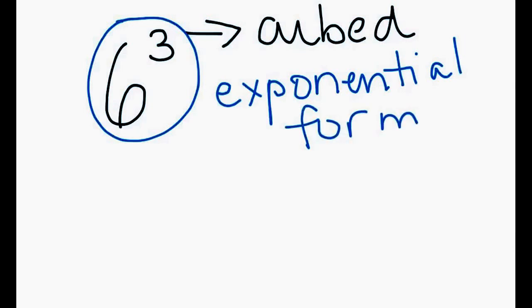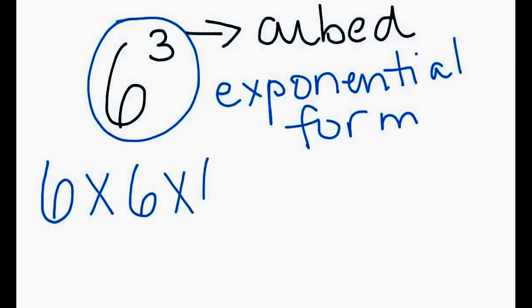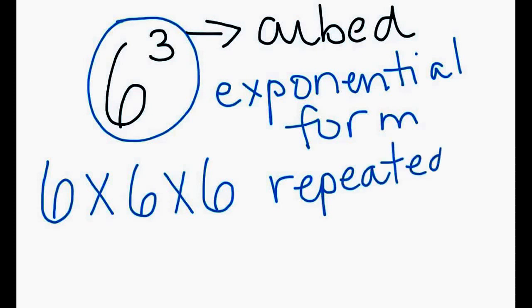We could then write it with repeated factors. So I take my base, 6, and I multiply it times itself 3 times. So 6 times 6 times 6. And this is in the repeated factors form.